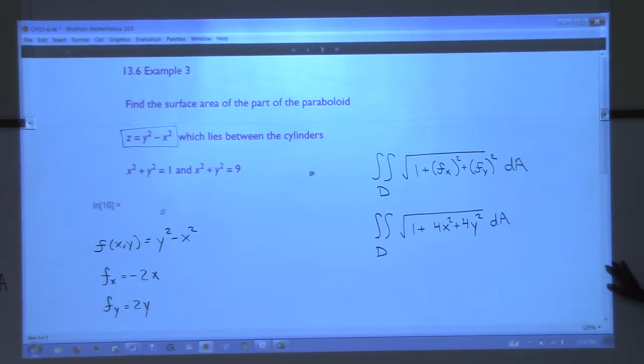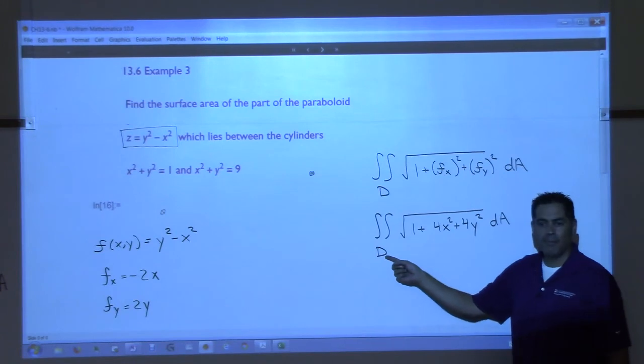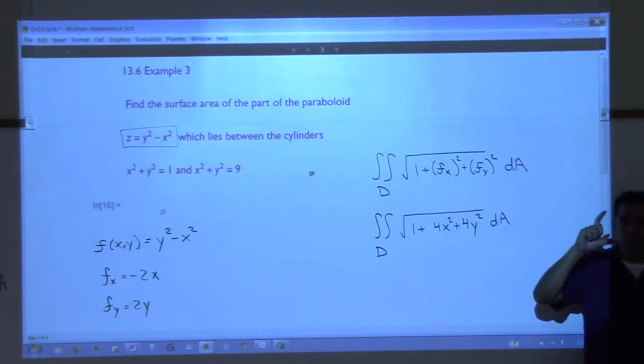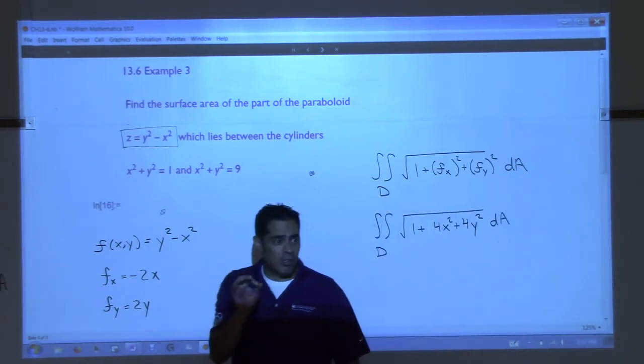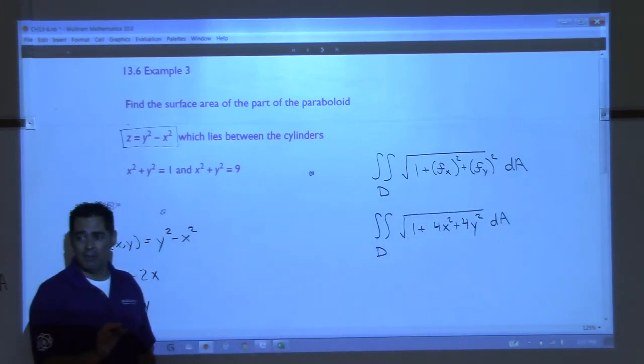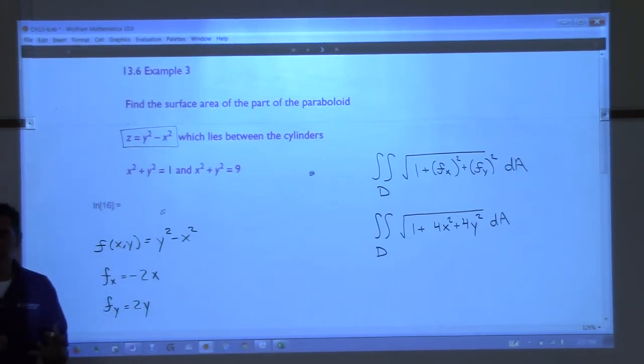Now the critical point in this problem. We need to convert this double integral over D into limits of integration. D is the domain, which are your restrictions on x and y, because x and y are the two variables here. So look at the domain of this thing.